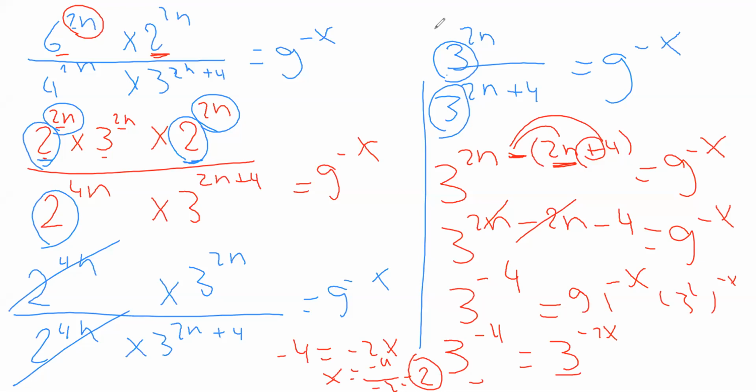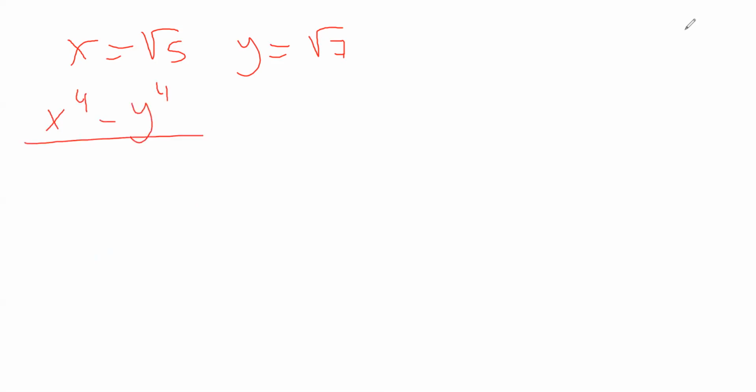It's easy. Okay. Another form of question: for example, if I take, we took it before, if I have x equal root 5, y equal root 7. I have only 10 minutes. x equal root 5, y equal root 7, you only find the value of x power 4 minus y power 4 divide x square plus y square.